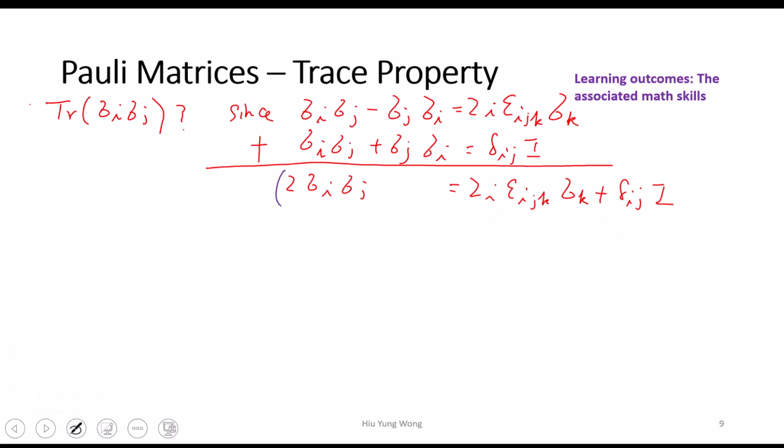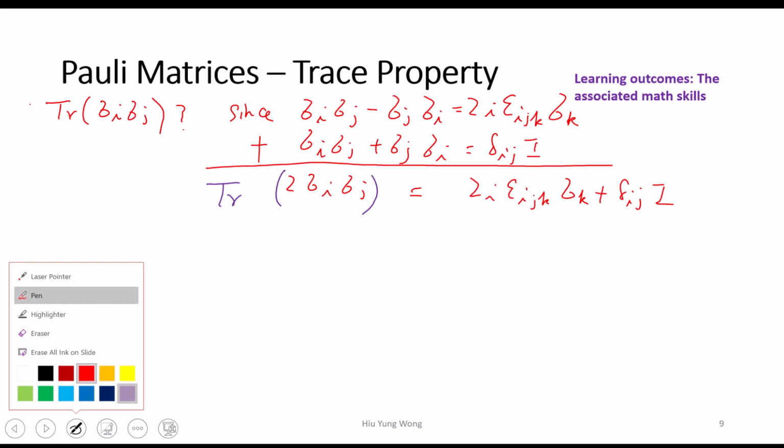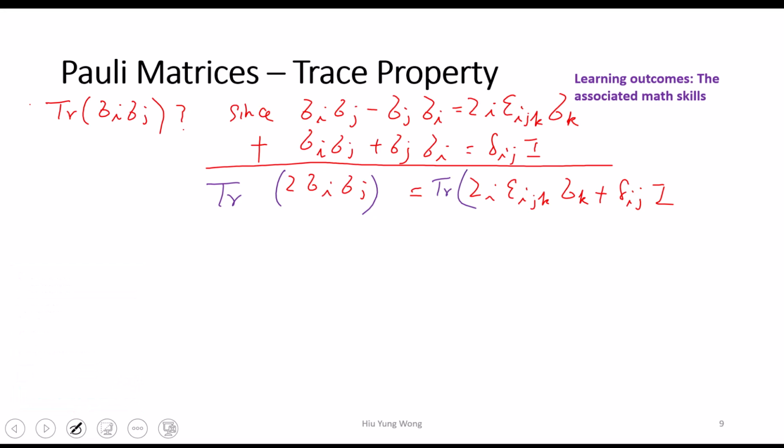Now let me find the trace of them. The trace on the left must be equal to the trace on the right. What is trace again? You have a matrix, you sum over the diagonal. So this is just 2 times the trace of this matrix.